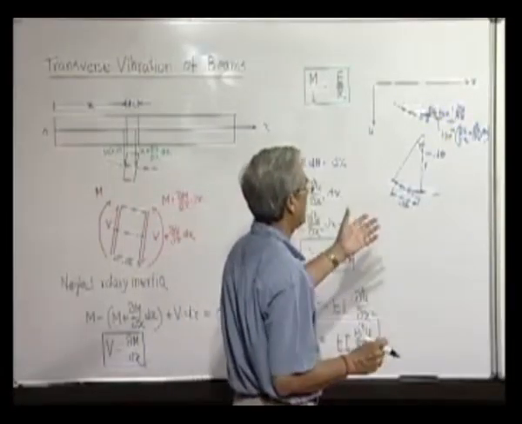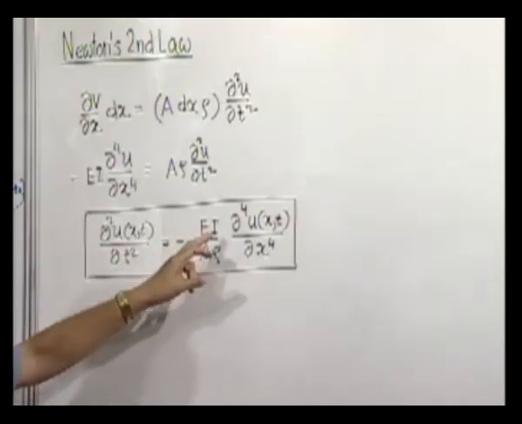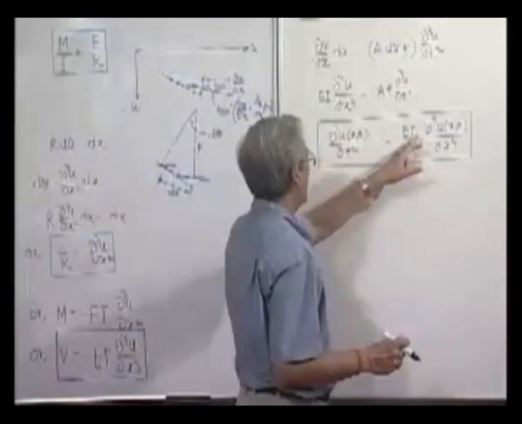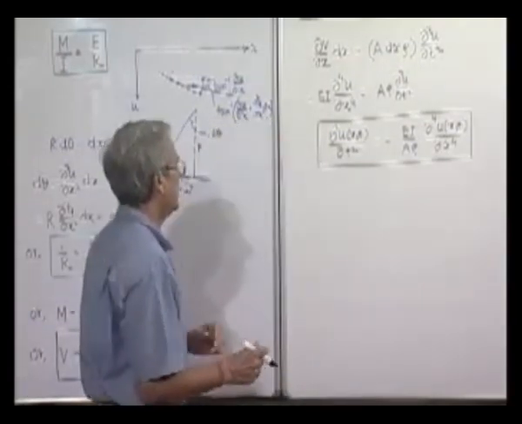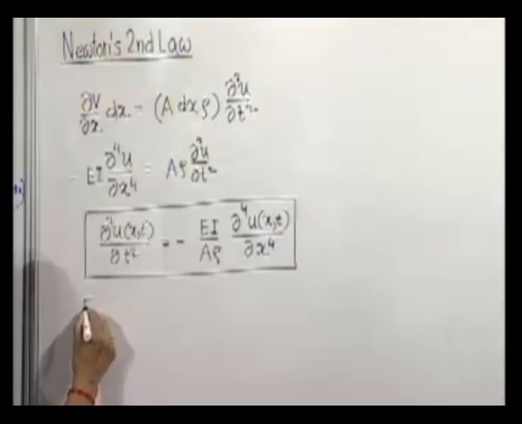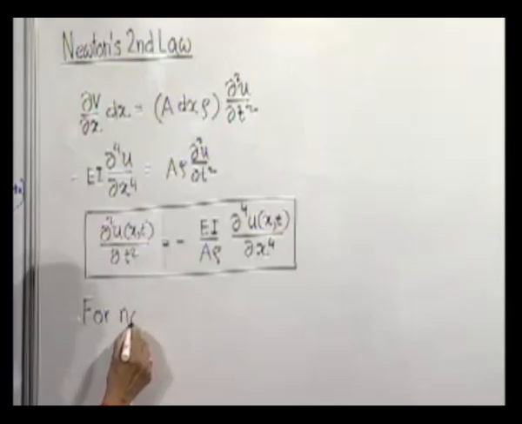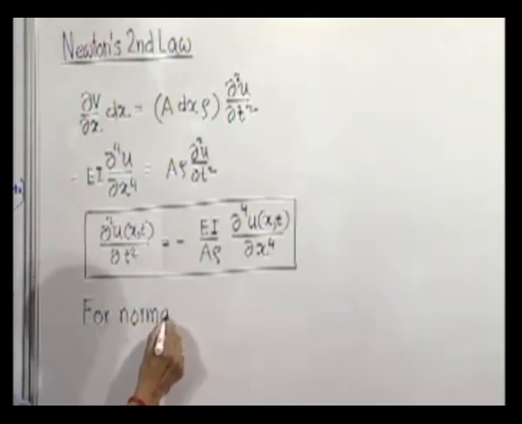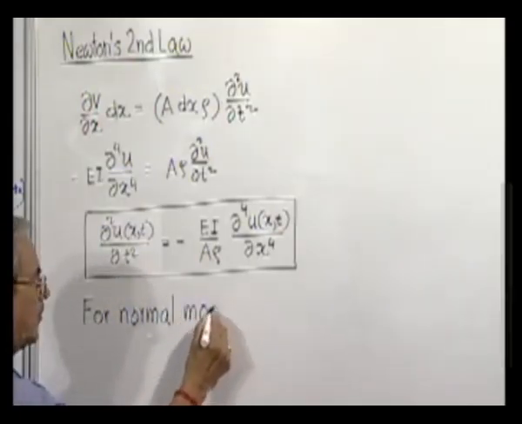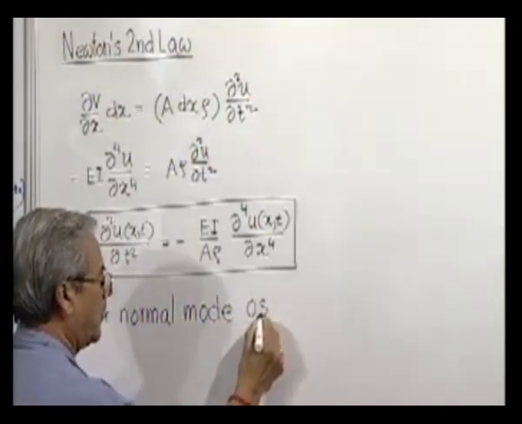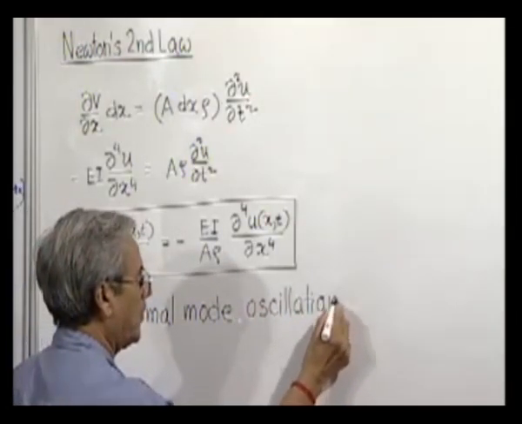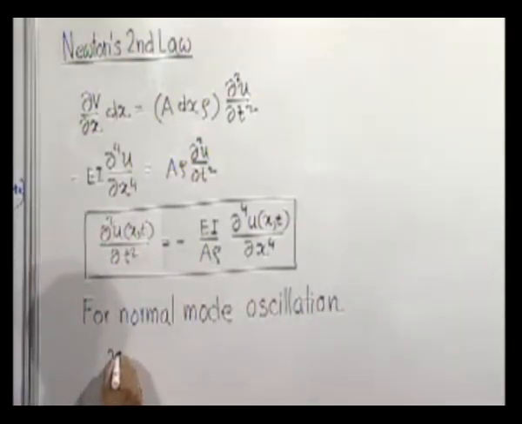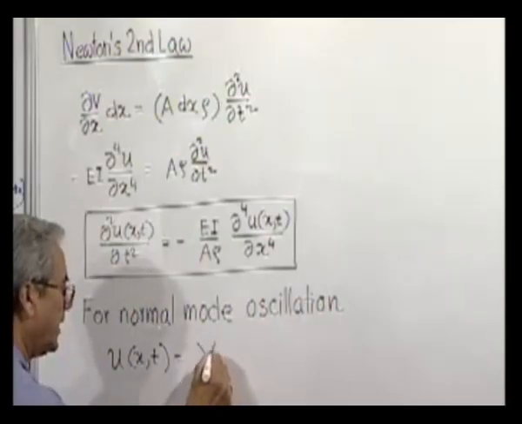Now it depends on the modulus of elasticity, the second moment of area I, the area of cross section, and the density, like this. So for normal mode oscillation, we can take, obviously as before, that u is composed of a function of x times cosine omega t.